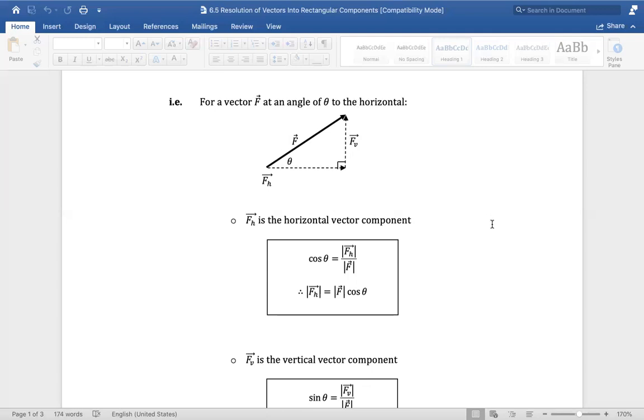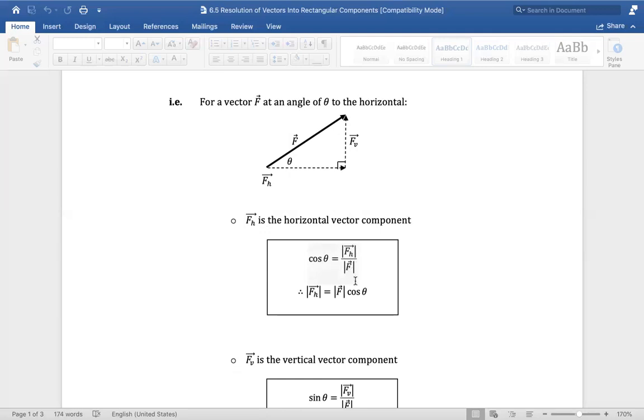So in order to figure out angle theta, F subscript H is the horizontal vector component, this component here. To figure it out, I would need the adjacent side and the hypotenuse side. So SOHCAHTOA, adjacent and hypotenuse would be cos. That's why we're using cos. So the cos of that angle would be, again, the adjacent first, the horizontal component of vector F over the vector F itself, and we're talking about the magnitudes of them, right?